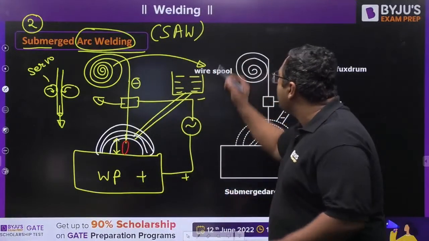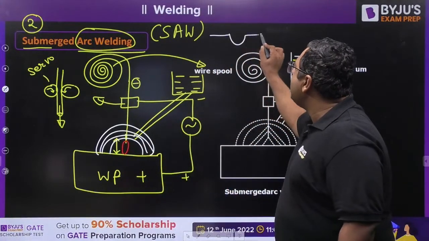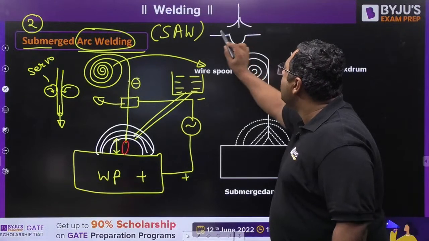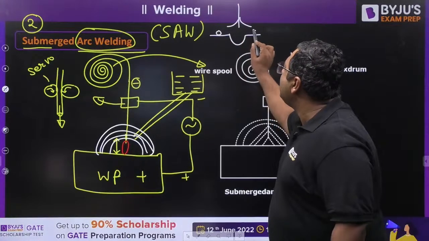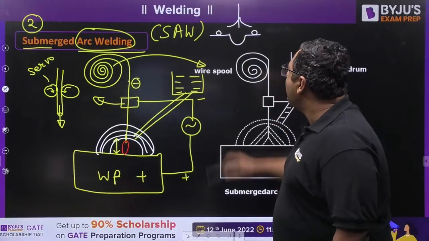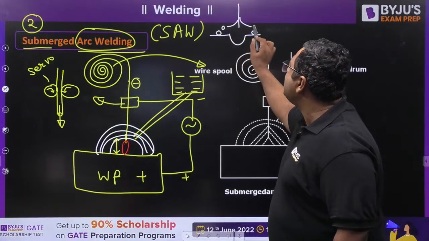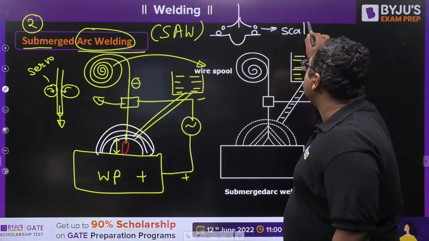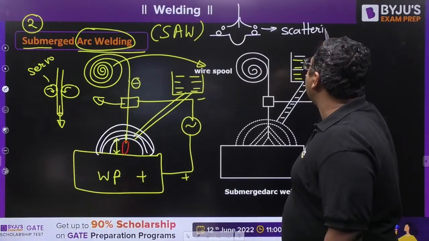You can feel, if this is my welding area, and this wire is going to divert here or there, molten metal may spill over these surfaces. If molten metal spills over these surfaces, this is said to be scattering of molten metal.